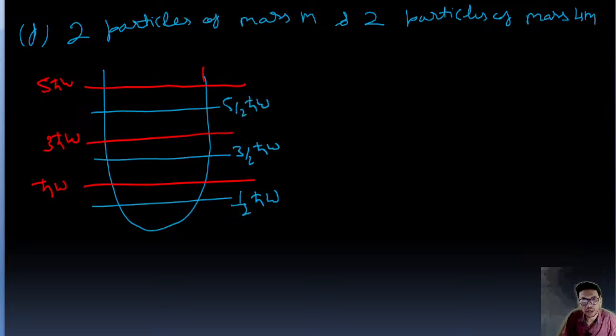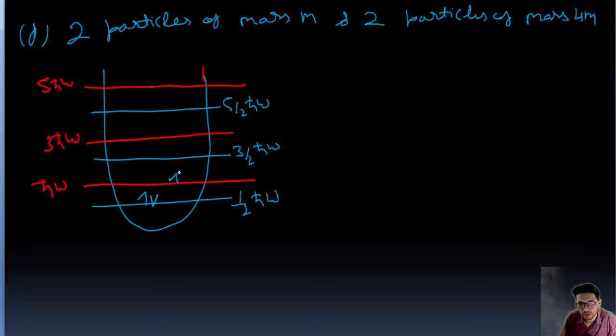Now there are two particles of mass m, and since spin is half, in one level a maximum of two particles can stay. So for this level there are two particles of mass m, and the two particles of mass 4m will be in the ground state.